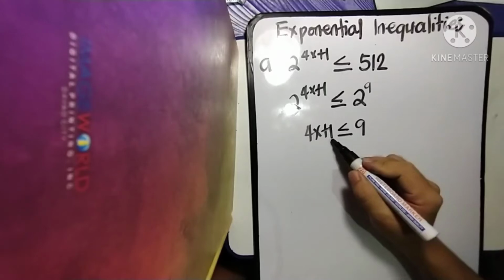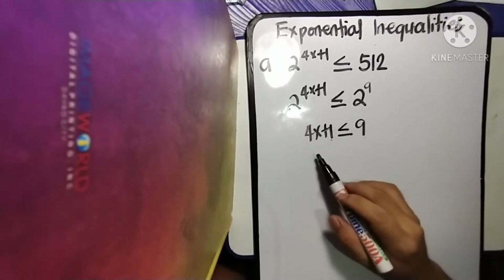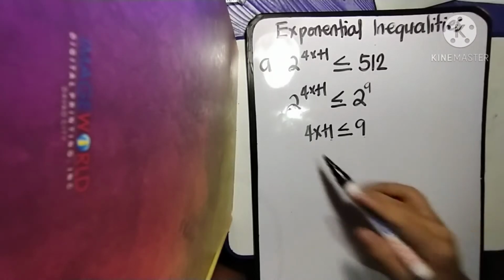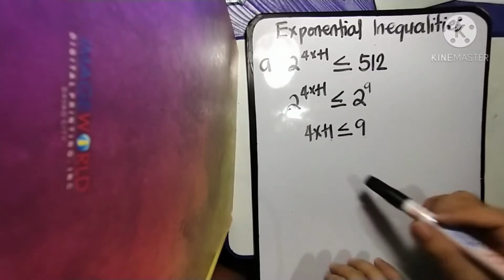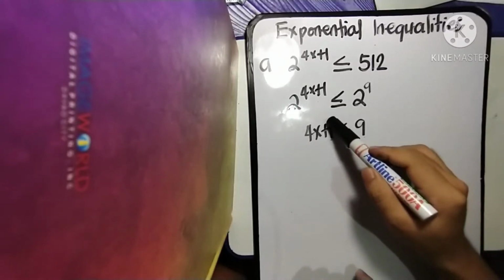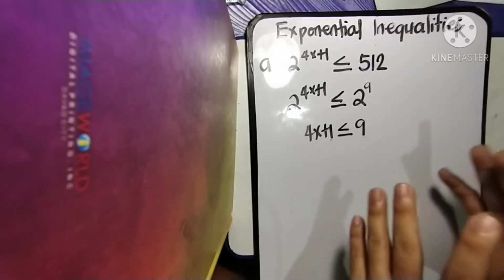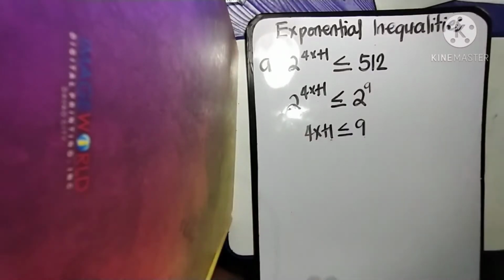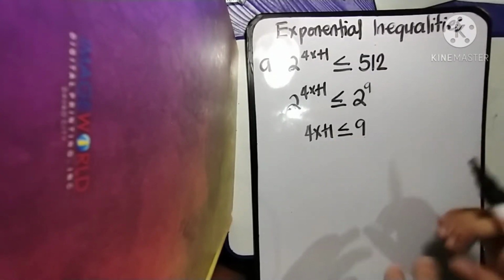So, 1 and 9 have no like terms. Single silang duha. 4x has no like terms either. So, what we will do this time is transfer 1 to the other side. Atong igrupo ang constant and ang variable.